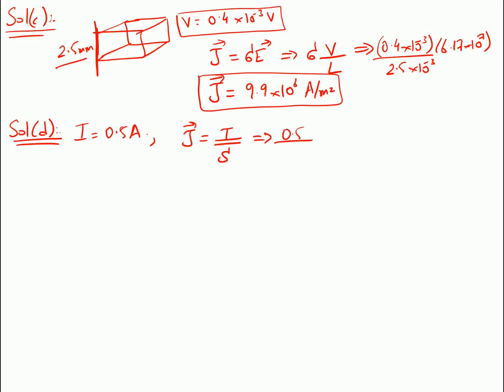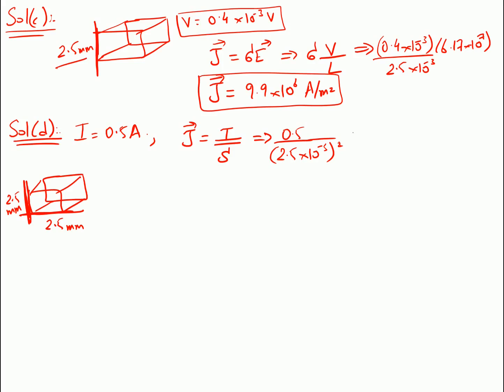The area is length into width. The length of the cube is 2.5 and the width is also 2.5 millimeter. So this is 0.5 divided by 2.5 into 10 raised to power minus 3, whole square.